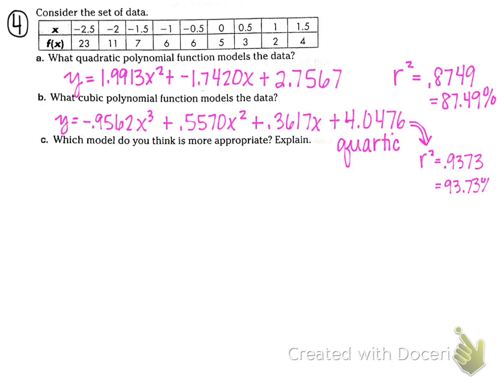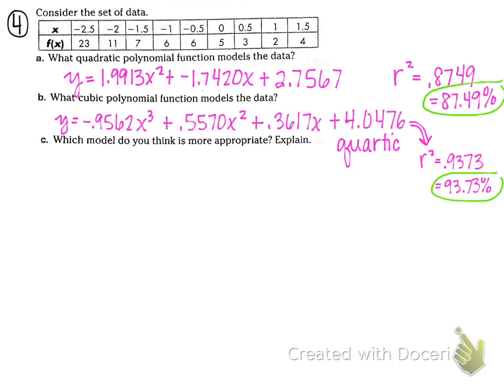So that is 93.73%. So if we take a look at the r squareds, we're going to kind of compare these. This says that this model explains 87.49% of the data. And this says that this model explains 93.73% of the data. So if you're ever in a situation where you don't know which model, figure out which ones you can narrow it down to, and you can calculate both of these and look at the biggest r squared value.